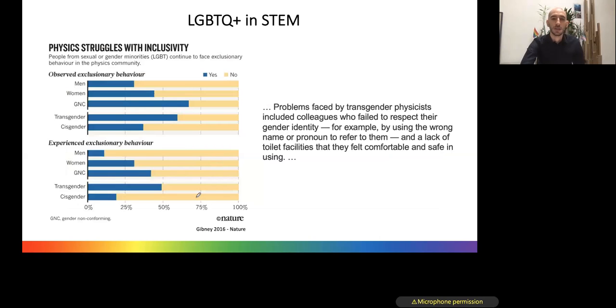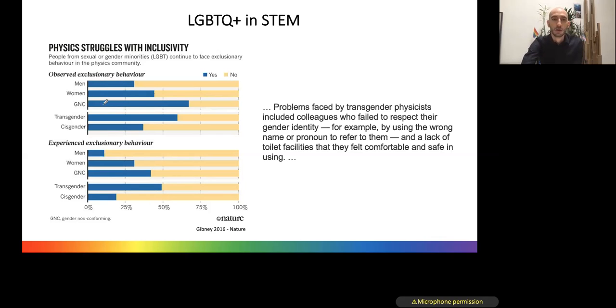And you can see here, this is a survey from the American Physics Society from 2016, but a similar survey with very similar data came out last year from the United Kingdom Physics and Chemistry Society, in which you see that members of sexual minorities face, or at least observe, exclusionary behavior.